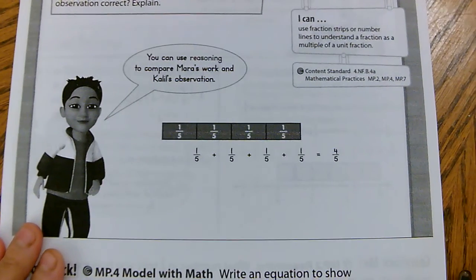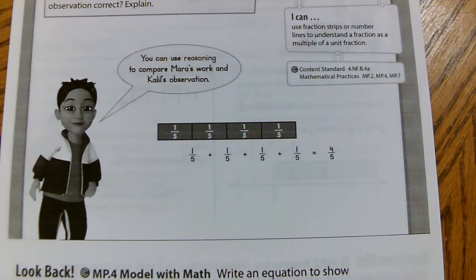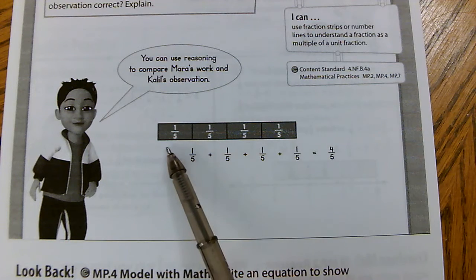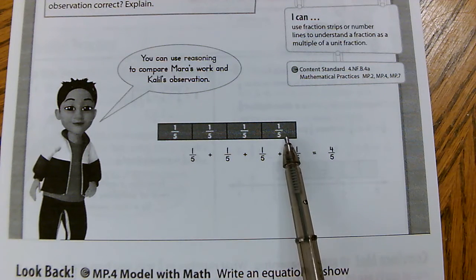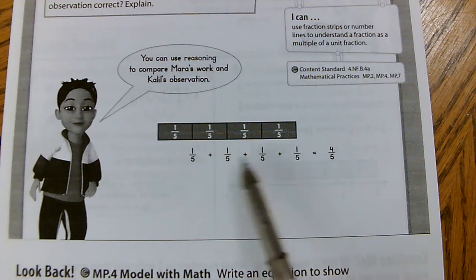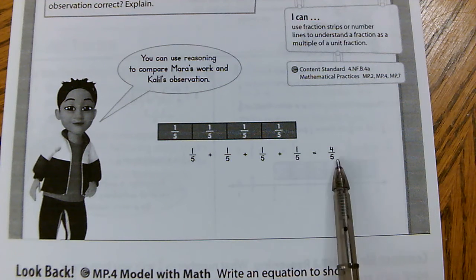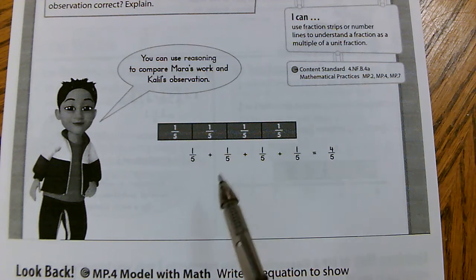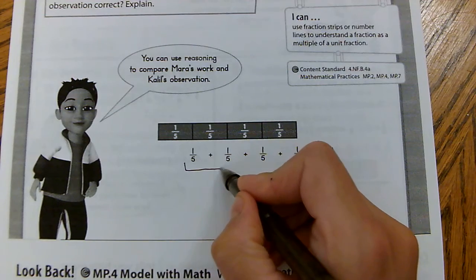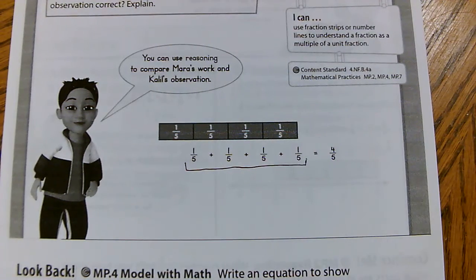Alright, so if you take a look, here is Mara's work. She wrote out some fraction strips like this, and then she also wrote it as an addition sentence and has her answer over here. Now, if you remember, what is multiplication? Multiplication is repeated addition of the same number. If you take a look here, isn't this repeated addition of the same number?